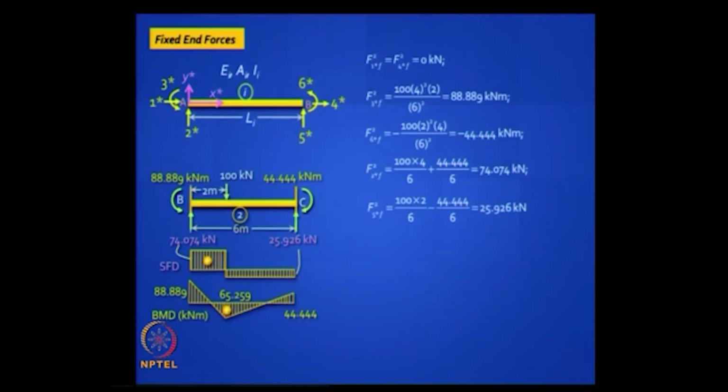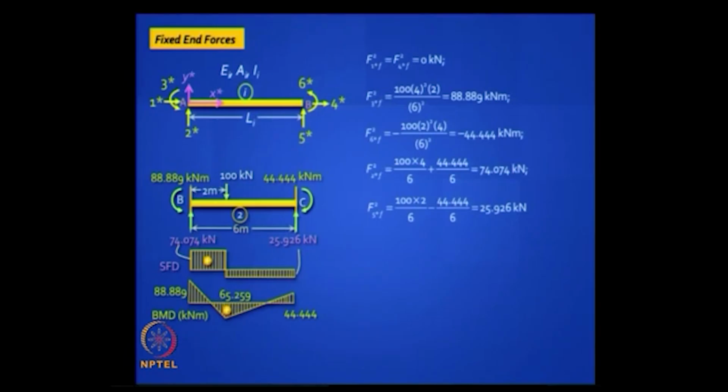Of the 3 elements, only element 2 will have fixed end forces because elements 1 and 3 have no lateral loads on them. So you have a concentrated load located 2 meters from the left end. You know the formula W A B squared by L squared. Put the signs correctly and work out your vertical reactions.